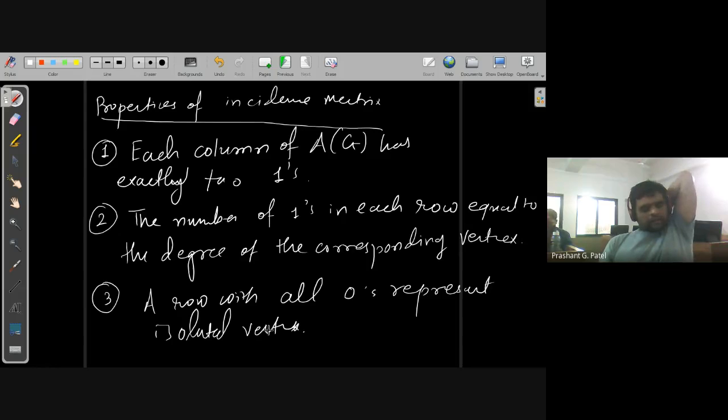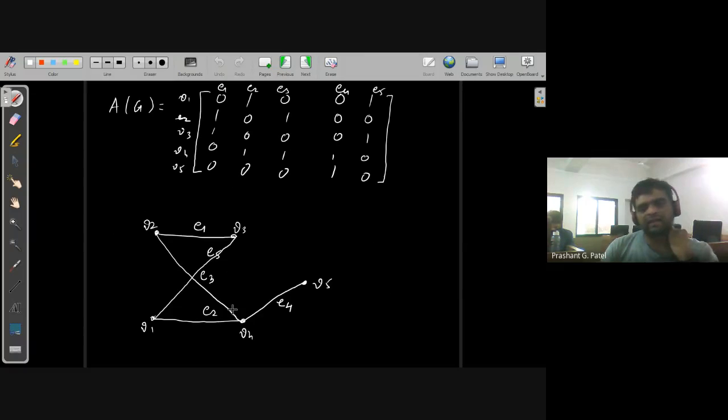What will the parallel edges represent? Suppose there is a parallel edge also. For example, I have one extra edge E6, which is 1 0 1 0 0.